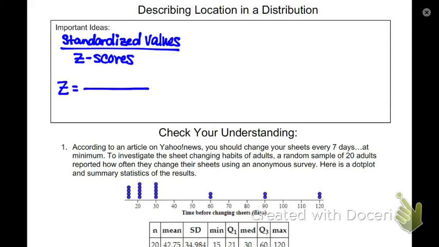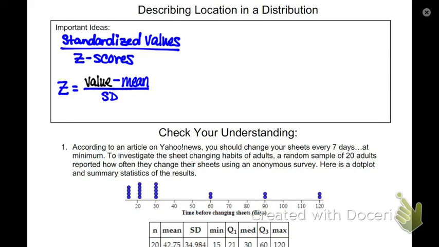How do I standardize this? I'm going to take my value, whatever data value I'm interested in. I'm going to do what to it? I'm going to subtract the mean, and then I will divide by the standard deviation.